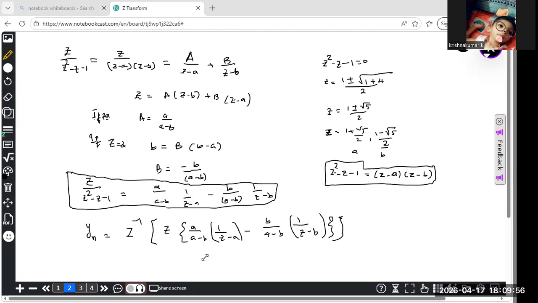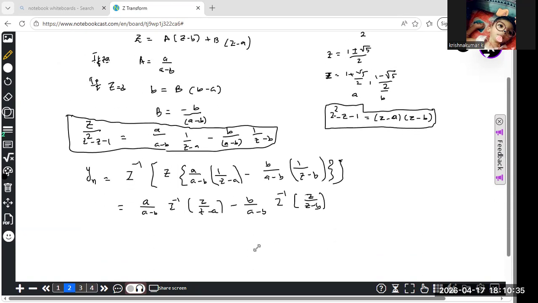Now if you multiply this, a by (a minus b) is a constant term, so we can take it out: a by (a minus b), and z inverse of z by (z minus a). Similarly here minus b by (a minus b) is constant, and if you multiply this z here, you get z inverse of z by (z minus b).